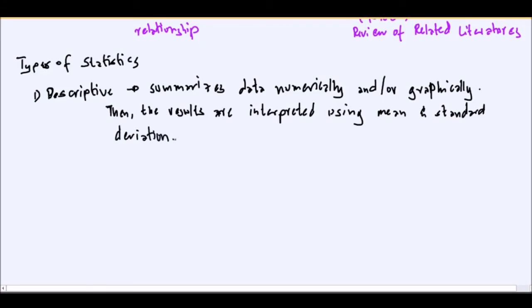Okay, so descriptive statistics summarizes data numerically and/or graphically. Then the results are interpreted using mean and standard deviation. So basically, you're just describing your result.